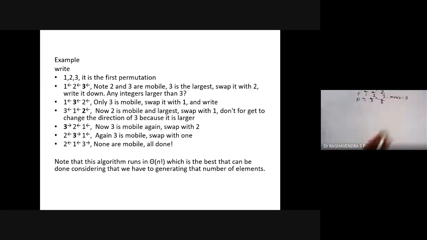Since there is no larger element than 3, we cannot interchange the direction. Now find out the mobile. Once again, 3 will be taken as a mobile because 3 is pointing towards 1, which is smaller than 3. So hence 3 has to be swapped with 1.